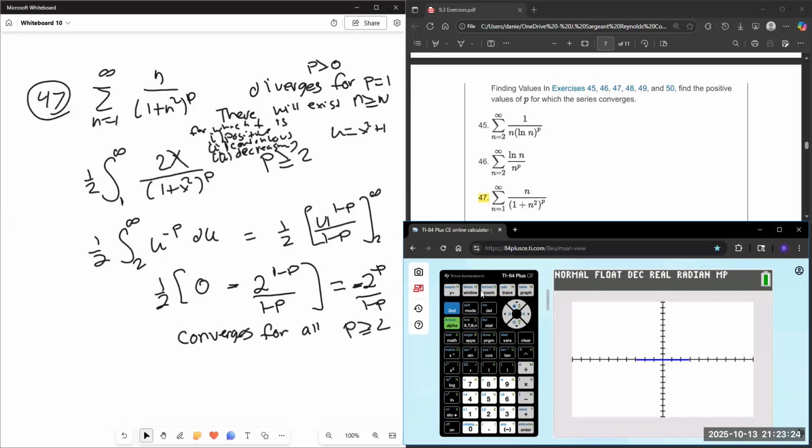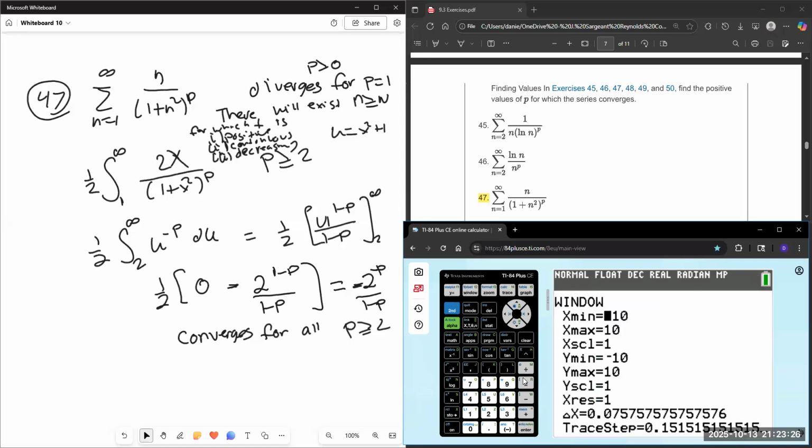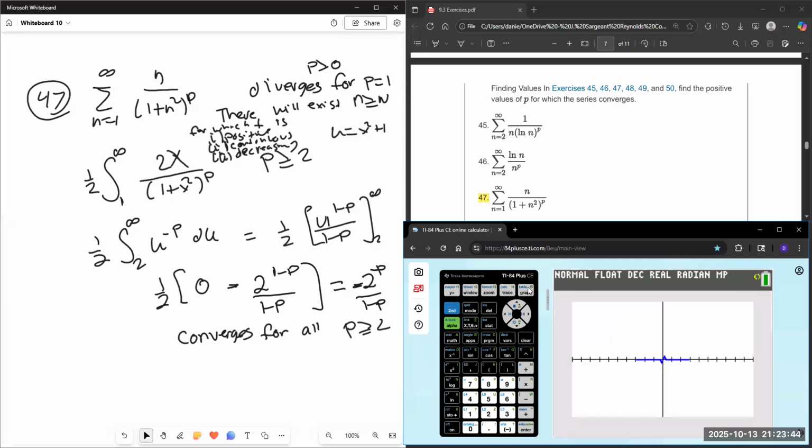I can't see it so easily, but if I zoom in here and make this between negative 0.25 and 0.25, you can see that little peak in there, and it comes back down.